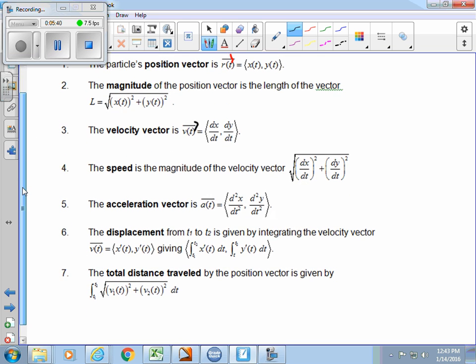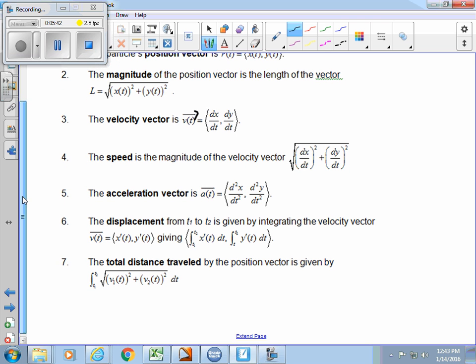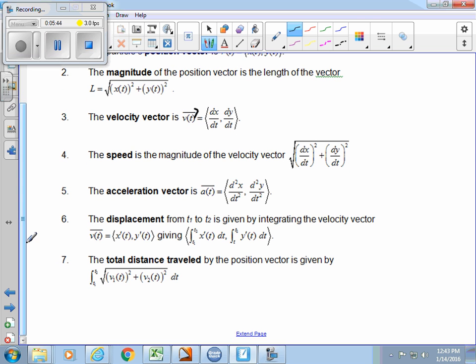Moving down a little bit. The displacement vector, in other words, isn't displacement talking position? So it's the integral of the velocity. I don't know if you even need to write that down.